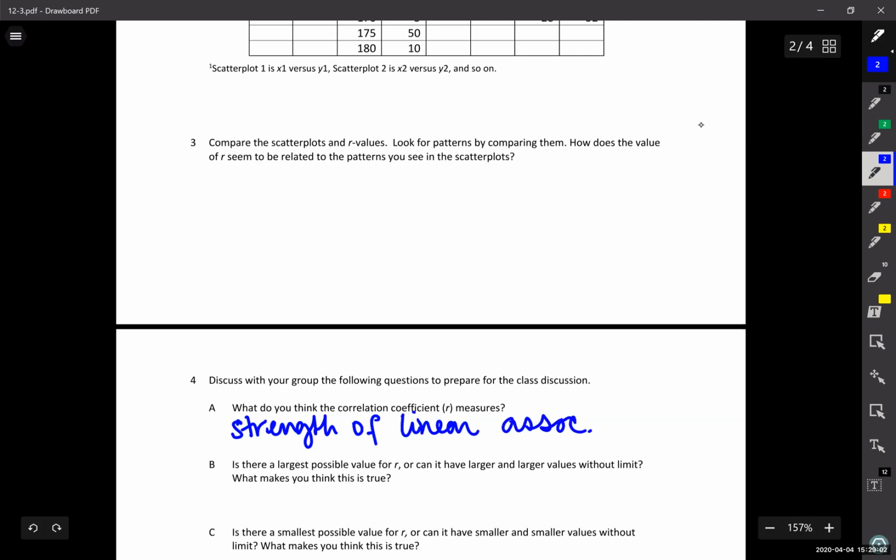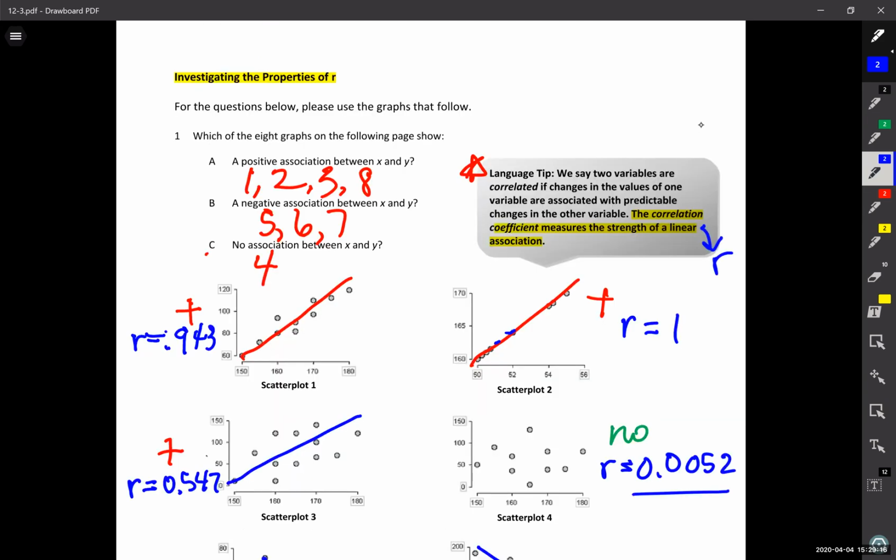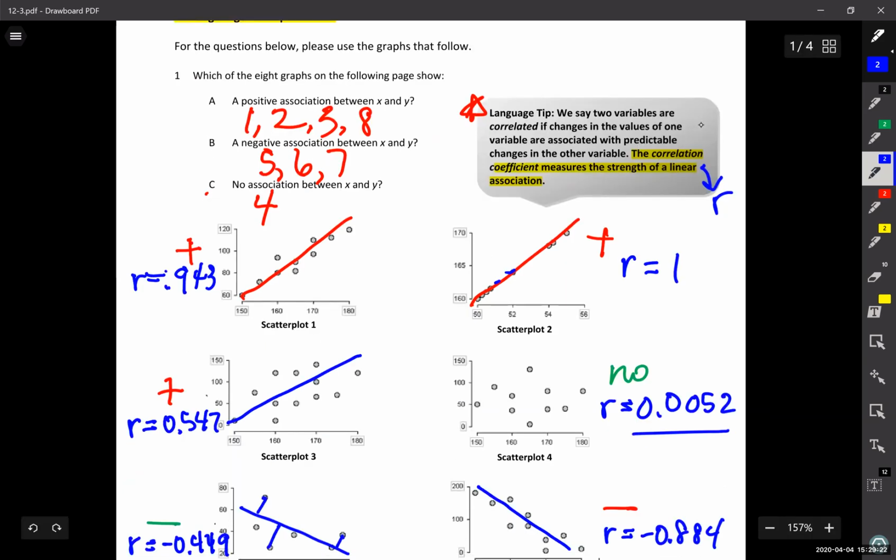So we talked in 12.1 about positive versus negative linear associations, and now we are talking about the strength. Where have I heard that before? Oh, look, we even highlighted it. It measures the strength of the linear association. Perfect. Highlighted in that little language tip.